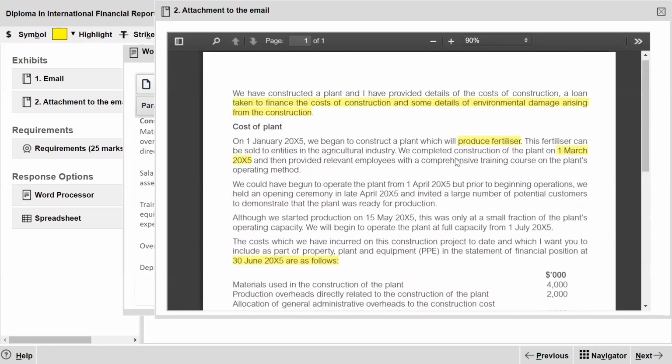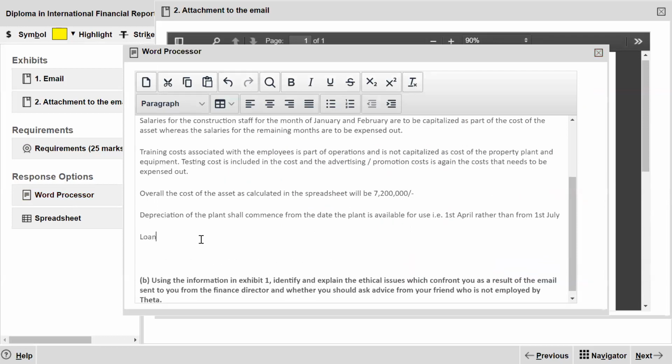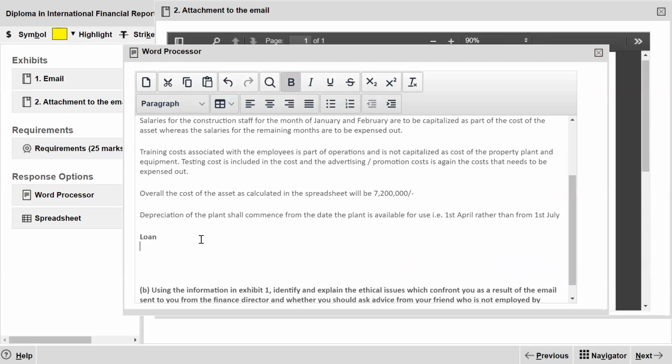Now just try to understand this. With respect to the loan, the loan was specifically obtained to finance the construction of the plant.